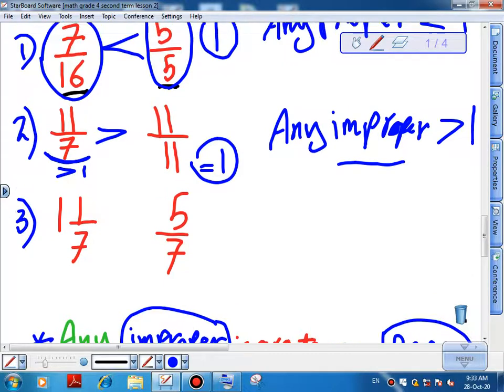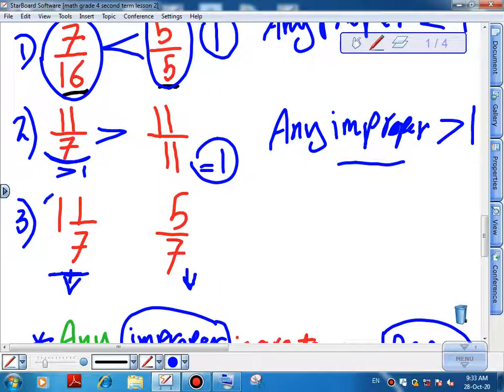The last one, 1 and 1 over 7. 1 and 1 over 7 is a mixed number. On the other side we have 5 over 7. We can compare fractions like this, because we need to get these fractions in the same shape. In this case we have this number as a mixed number and this fraction is a proper fraction, because 5 is smaller than 7.